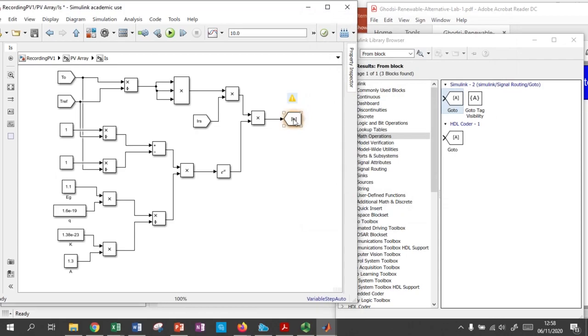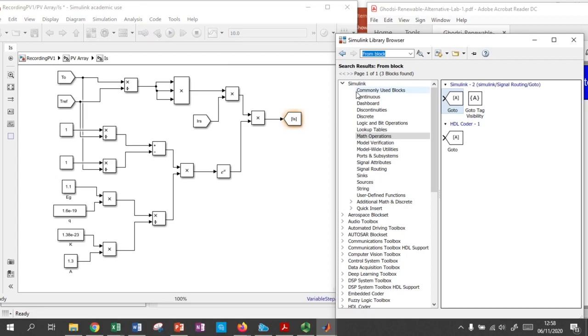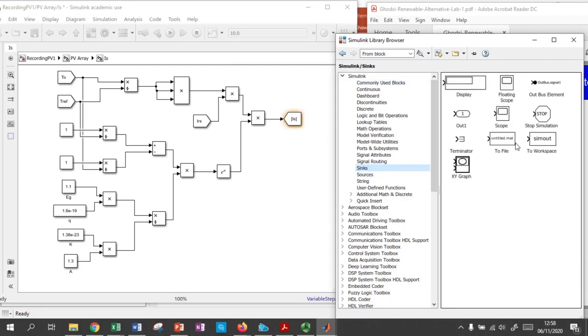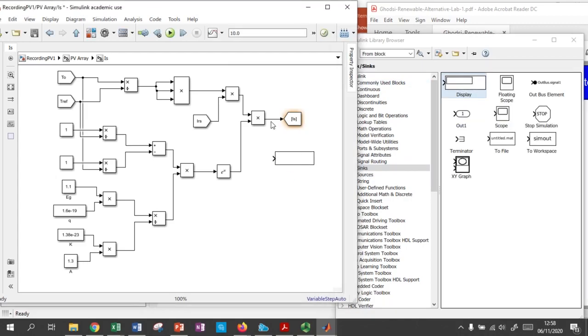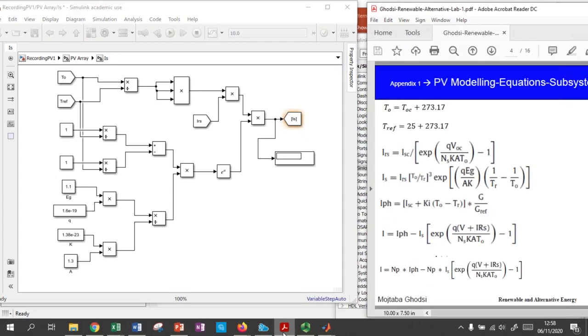Now we need to display this one. Then in the Sinks, if you are finding a display, it's not bad to find this one and show this. This is the IS. Then easily again we can check it.